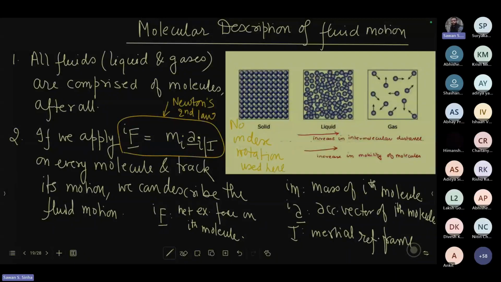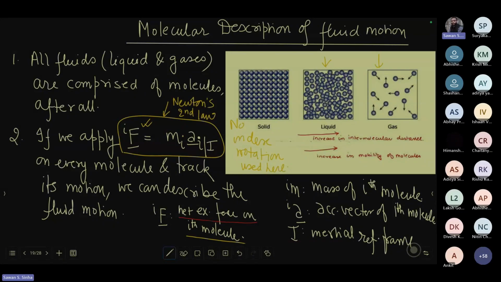When I write F_i vector, I am basically saying that I am talking about the net external force on the ith molecule, right? After all, there are numerous molecules, like the picture I have shown here. If you're talking about liquids and gases, you are not dealing with one molecule.